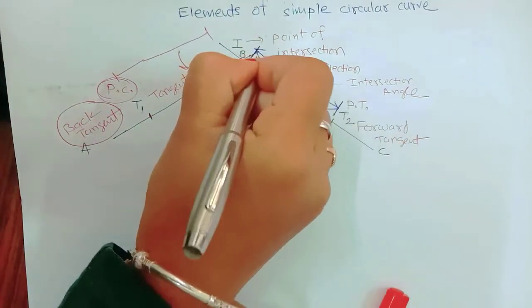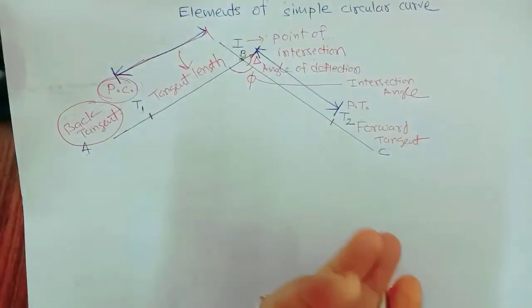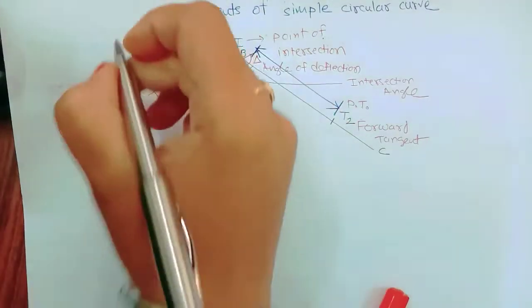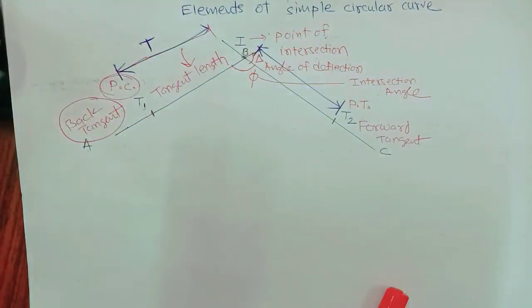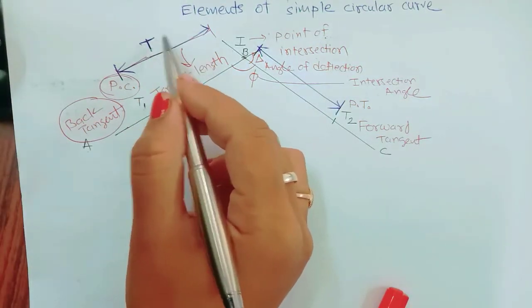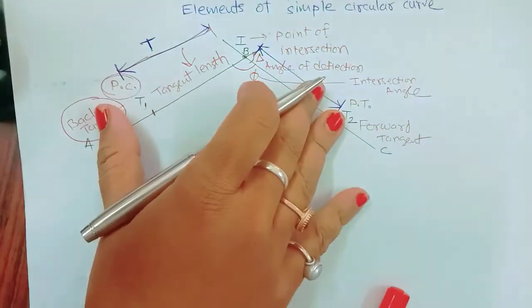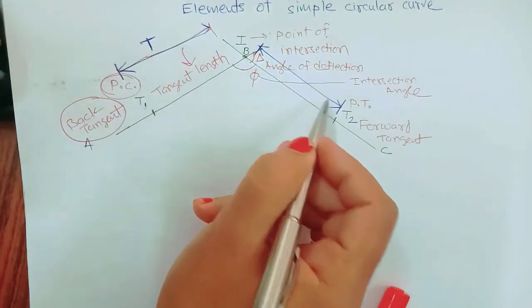Okay, and so both are tangent length or tangent distance and denoted as a capital T. In a later or next video I will explain all the formulas for that, but in this video we have to learn the basic definitions and what are the elements of simple circular curve. So this is capital T, tangent distance.